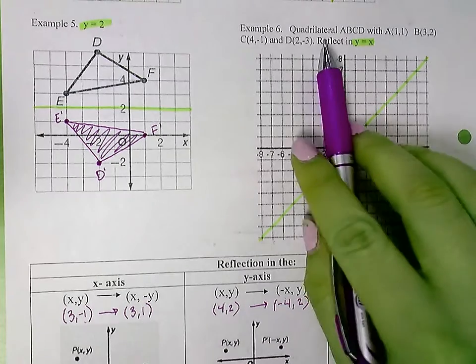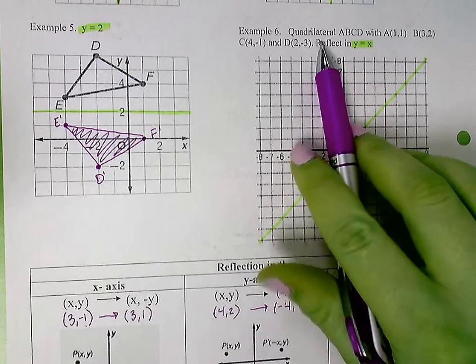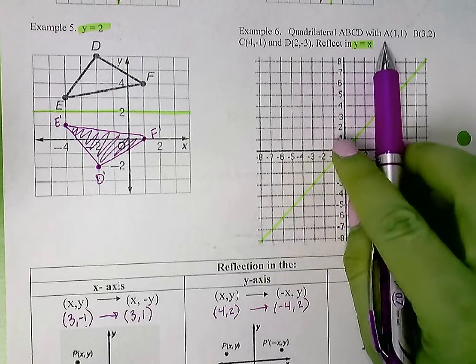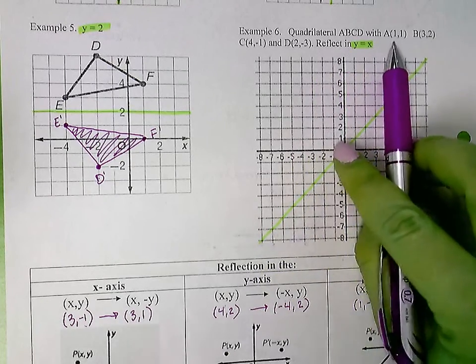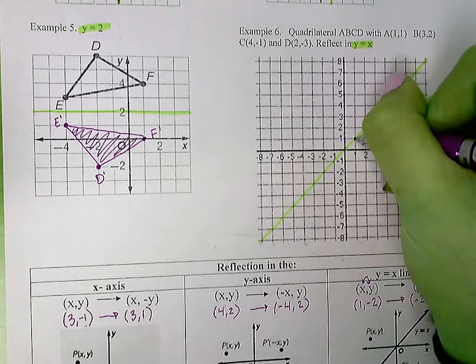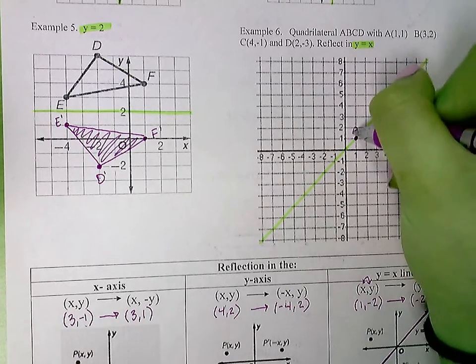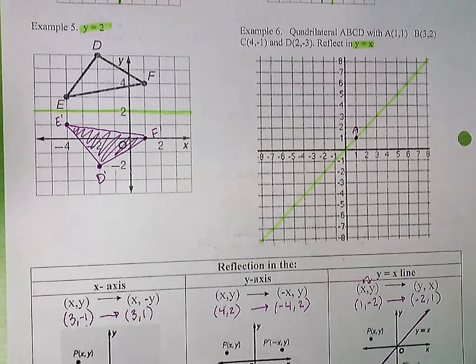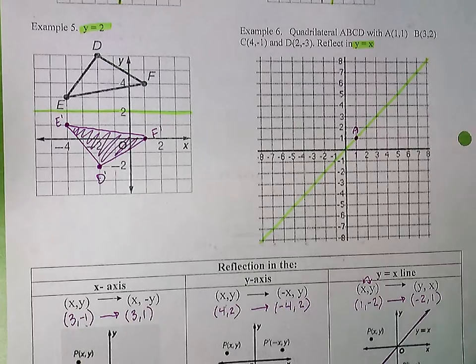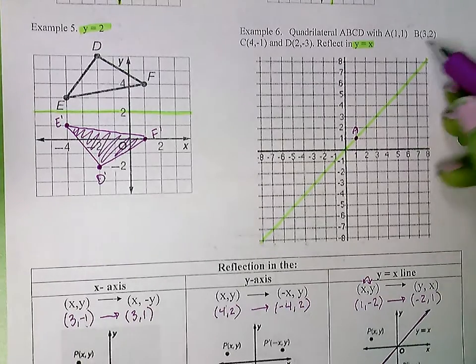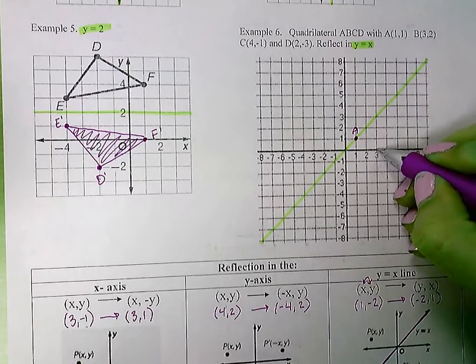But first, we want to plot the points for quadrilateral ABCD. So point A is at 1, 1, right here. And please make sure you label them. Do not just plot the points and not label them. B is at 3, 2.